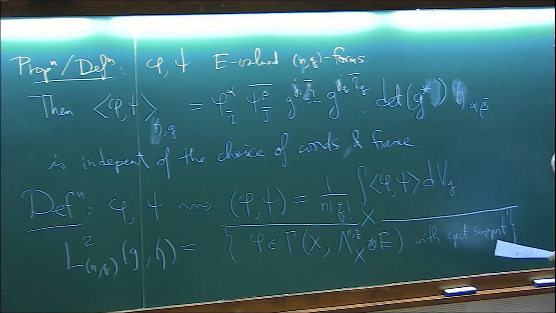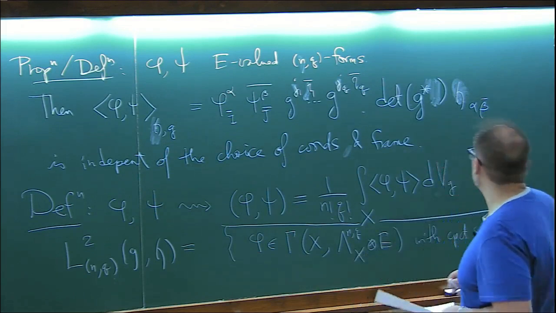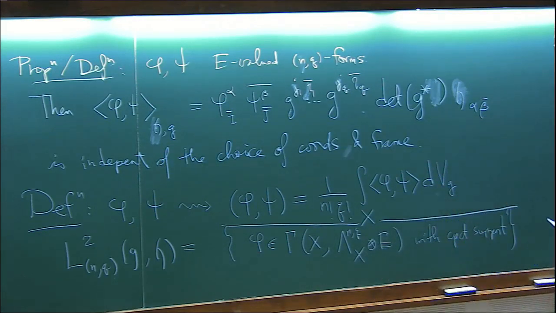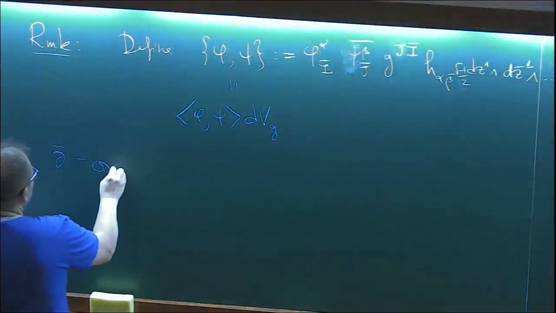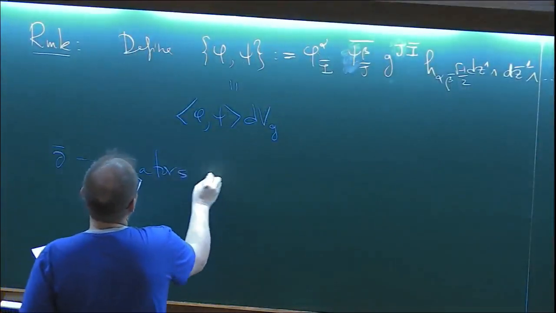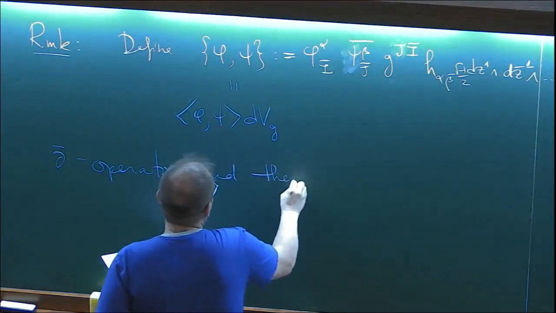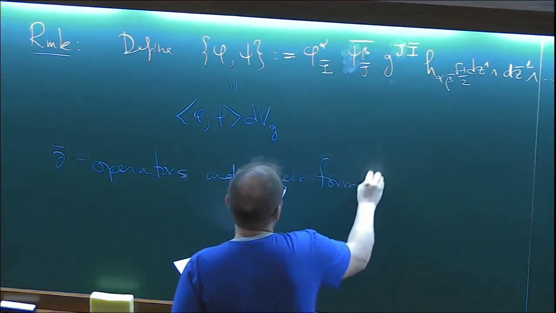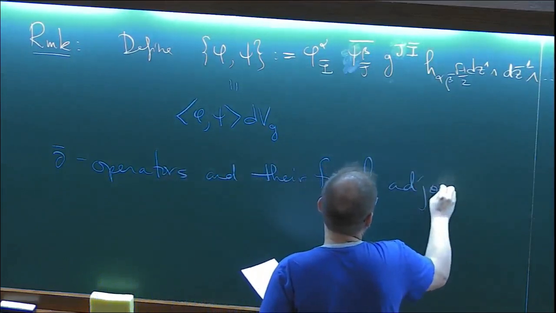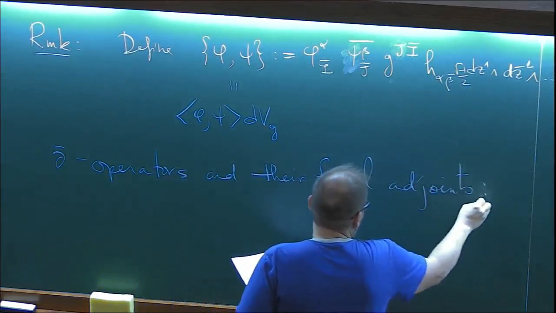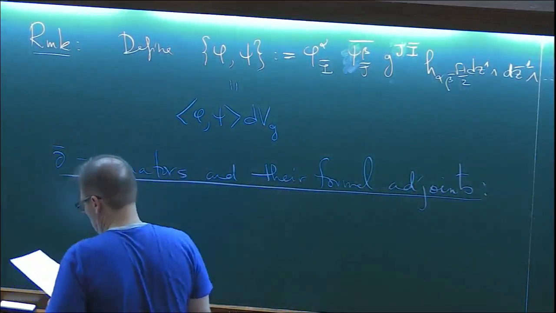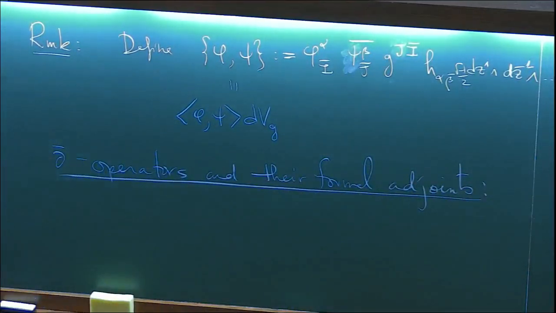All right, so these are going to be our Hilbert spaces, and the next thing is the D-bar operators and their formal adjoints. Okay, so there are actually going to be two different D-bar operators because there are two different ways of looking at such a phi.